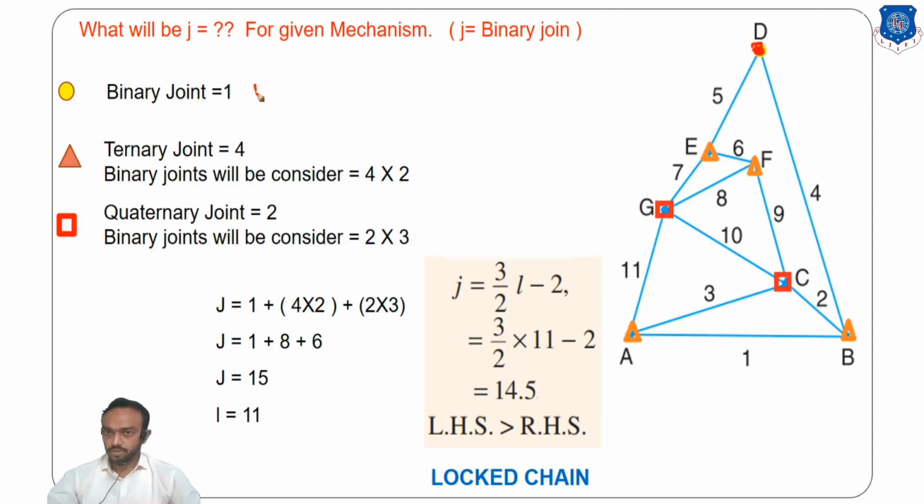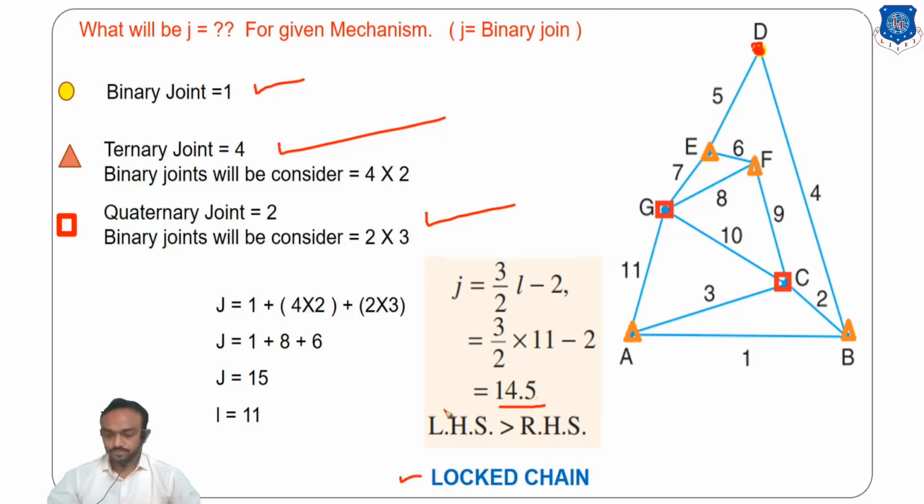So one binary, four ternary, and two quaternary joints. So we put these values in our relation. J is equal to 3/2 l minus 2, but it will be 14.4, which is LHS greater than RHS, and this chain is locked.